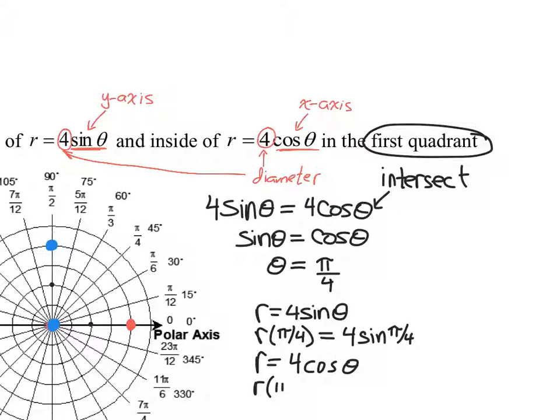And what is the sine and cosine of pi over 4? Root 2 over 2. Good. 4 times root 2 over 2 in both cases.